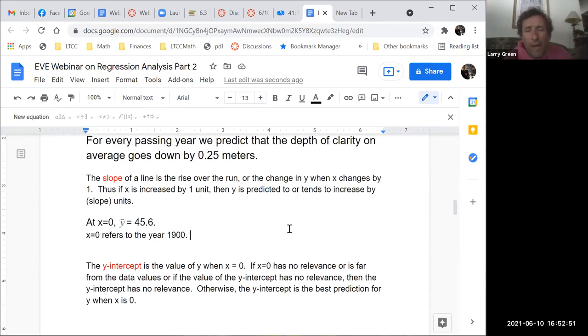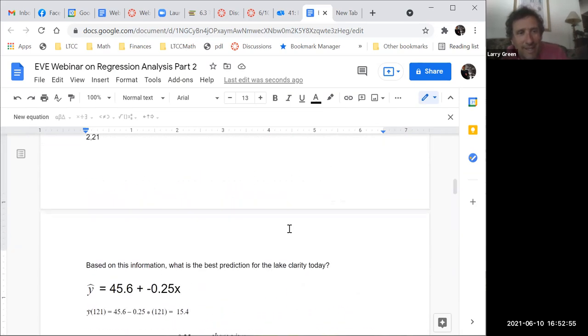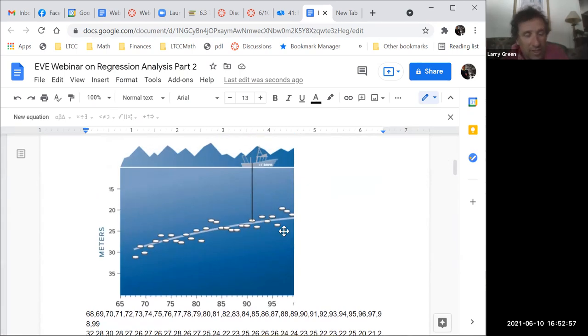Okay, and by the way, I didn't create this one. UC Davis did it, and they chose to call it 65 years after 1900. In fact, I don't know if you can see right here, it says UC Davis. It's the UC Davis report. So again, whoever's doing it is going to make that decision about what the x-axis means.